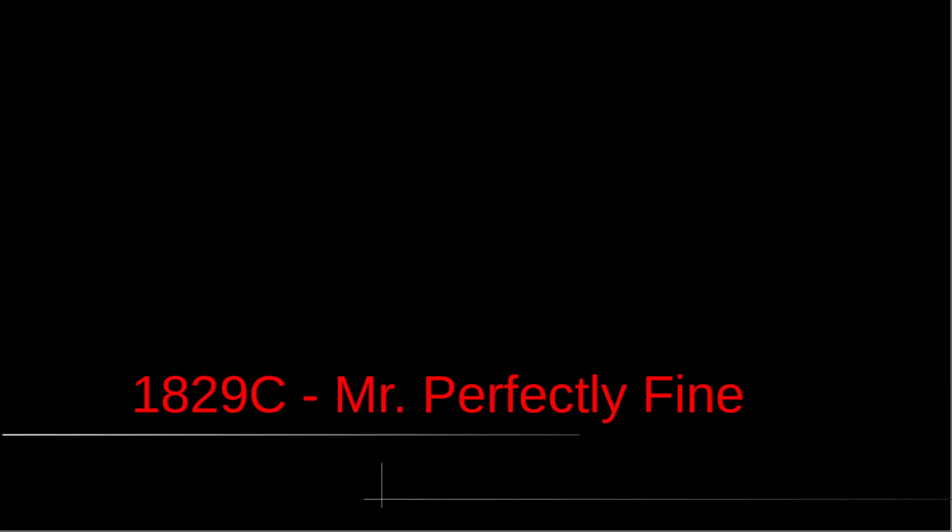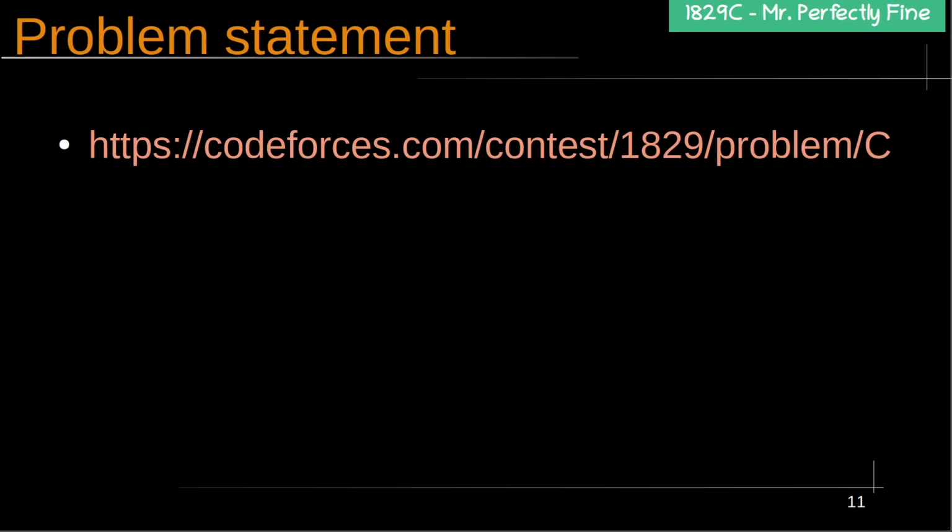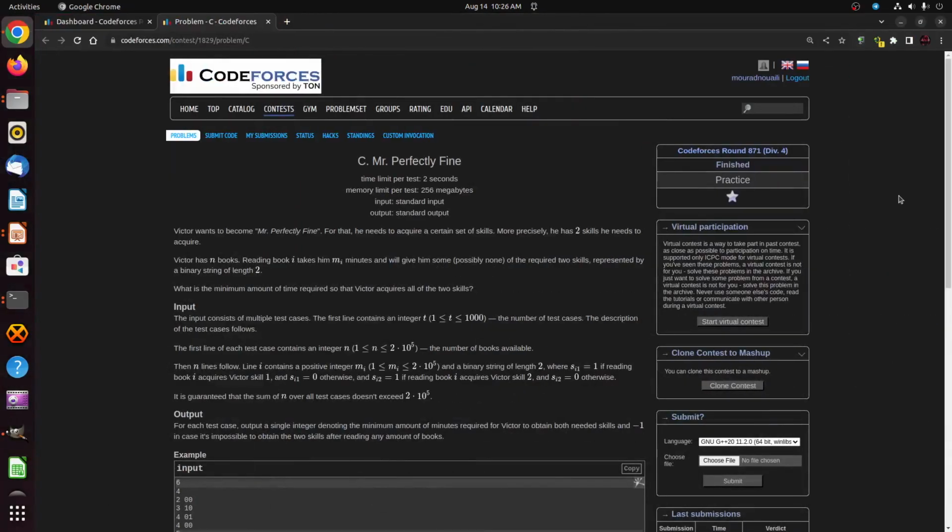Problem C, Mr. Perfectly Fine. The problem statement. Victor wants to become Mr. Perfectly Fine. For that, he needs to acquire a certain set of skills. More precisely, he has 2 skills he needs to acquire.